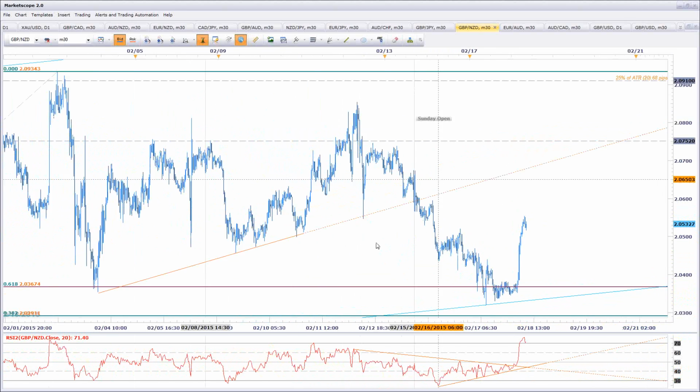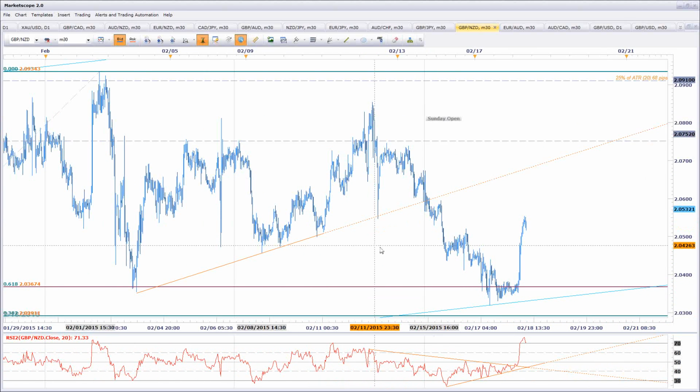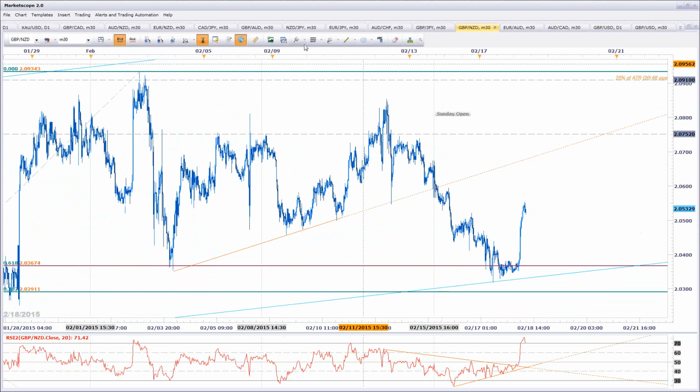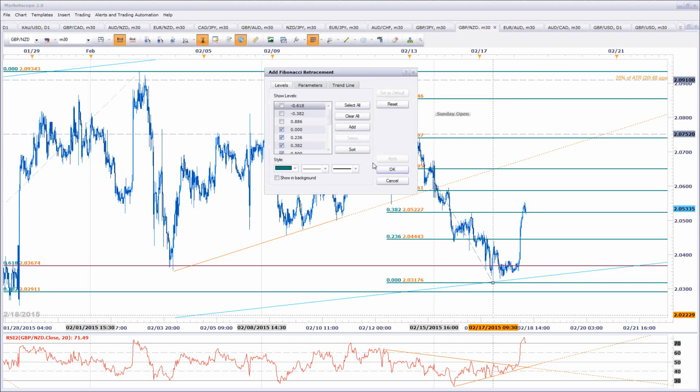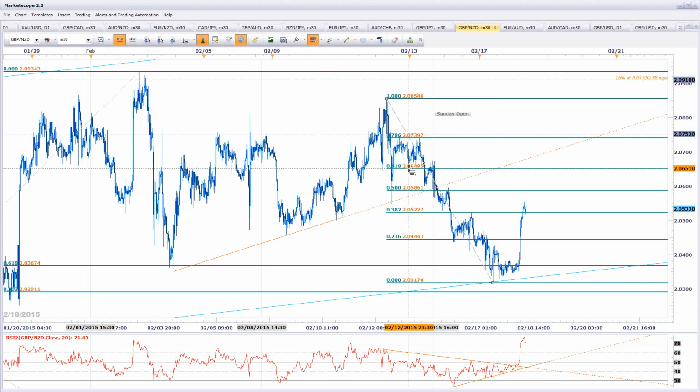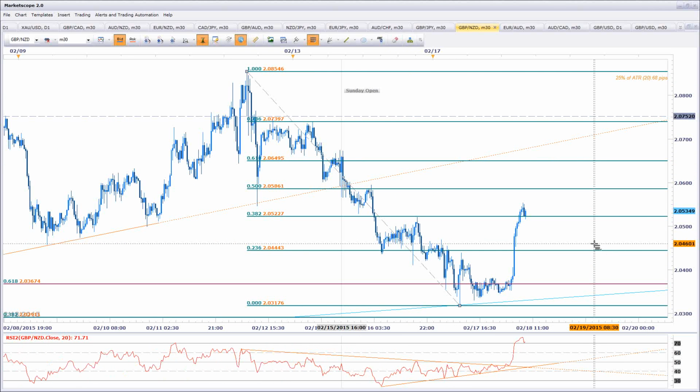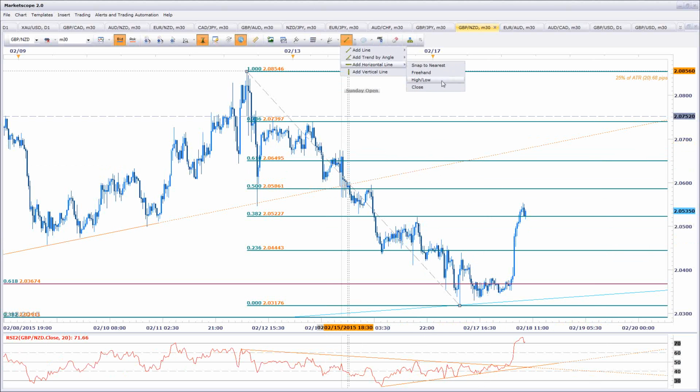So near term, what are we looking for as far as the scalp targets? Let's take a quick on-the-fly approach here. Let's see if we can map out some levels. Basic retracement off the high here. Just want to see if we're getting any reaction to these levels. I'm going to go ahead and highlight the opening range high for the week.